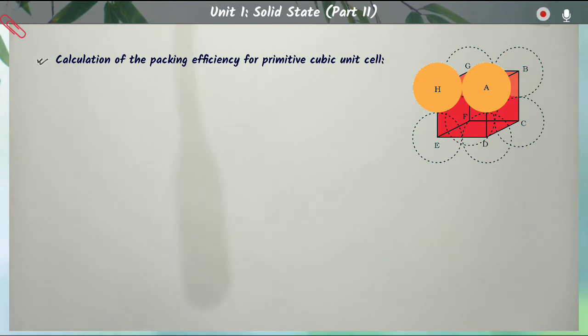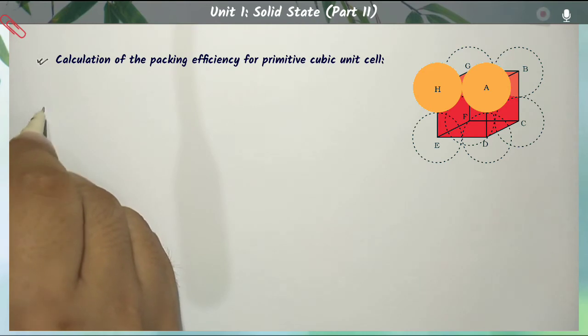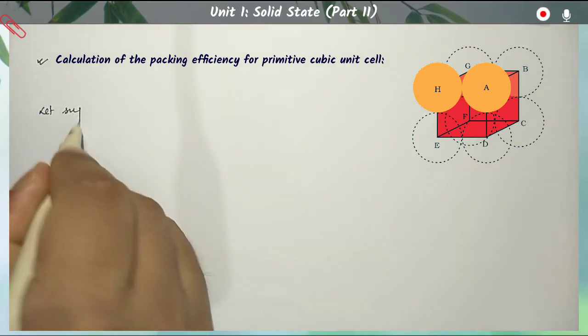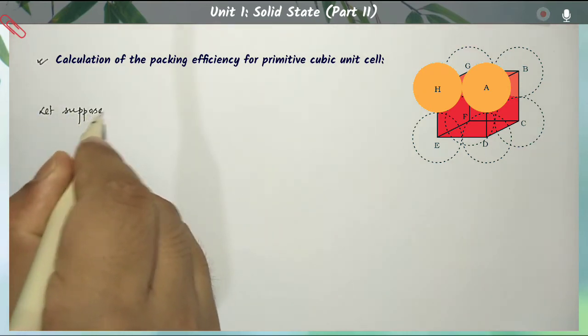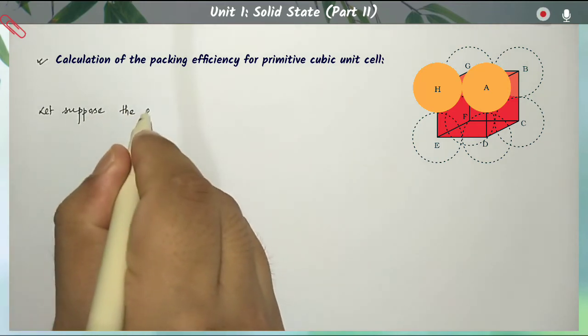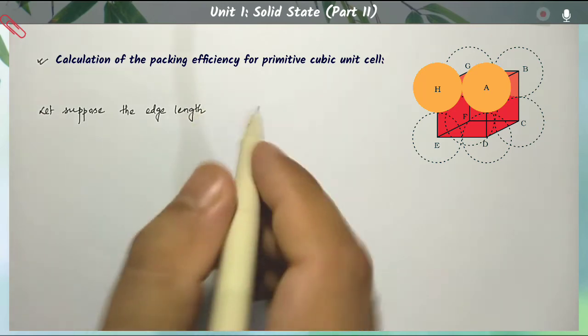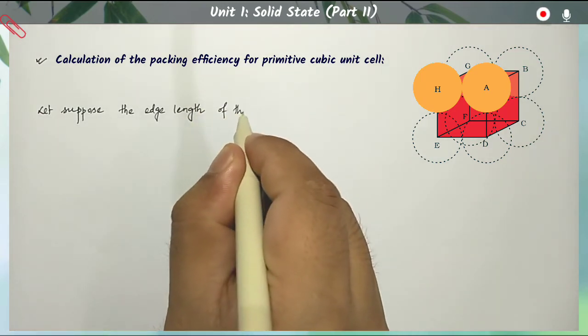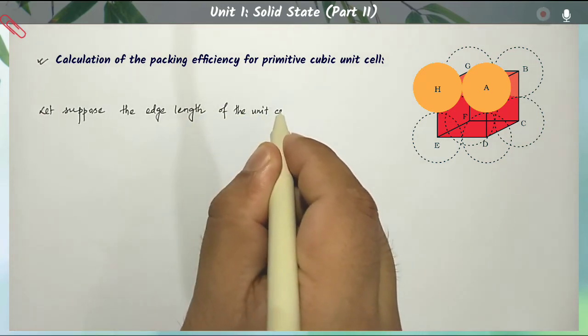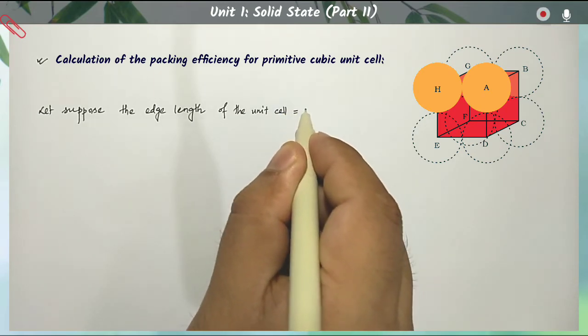If you look at this figure, then you are able to find out the value of the edges. So first of all, let's suppose the edge length of the unit cell is equal to a.